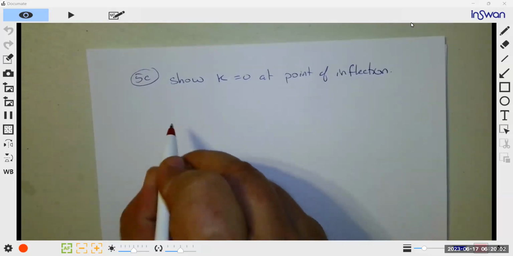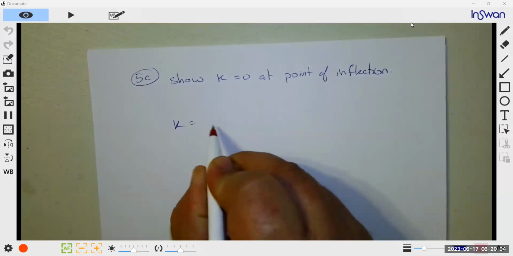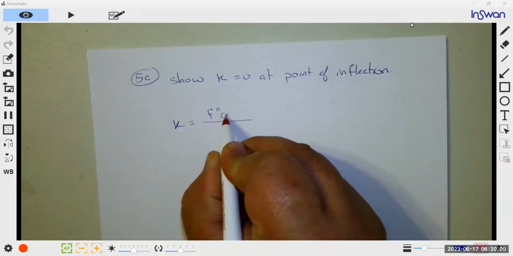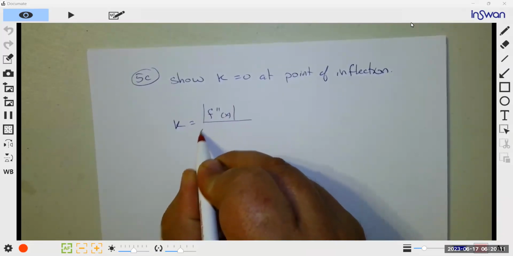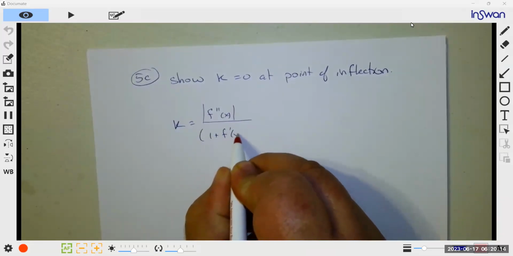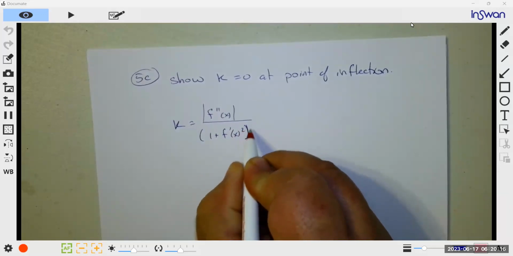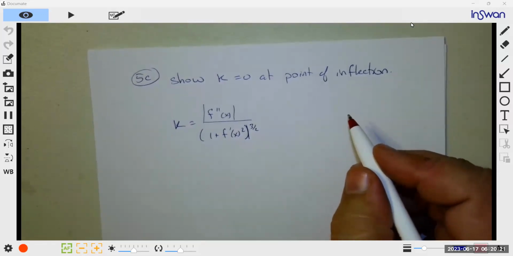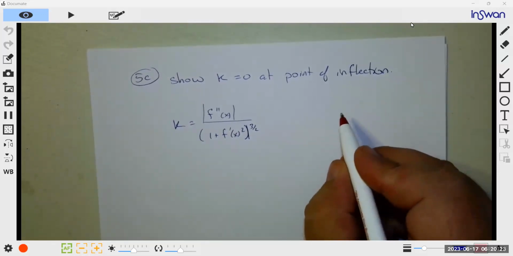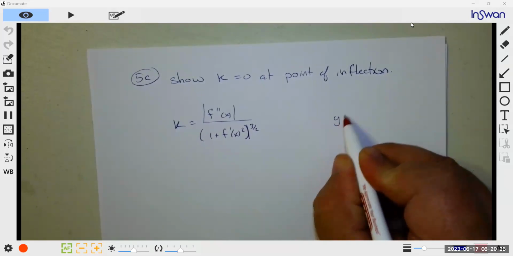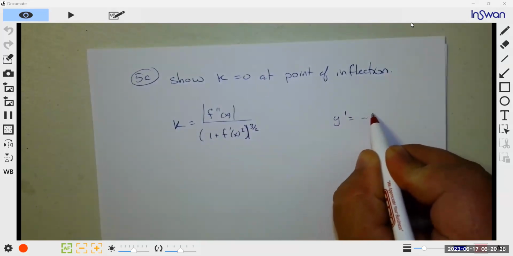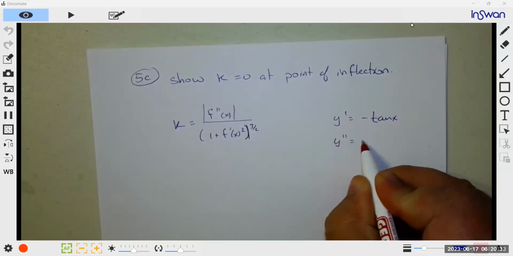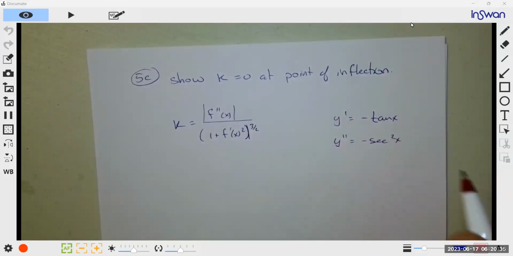So our K, and we calculated y prime is negative tangent x, y double prime is secant squared x.